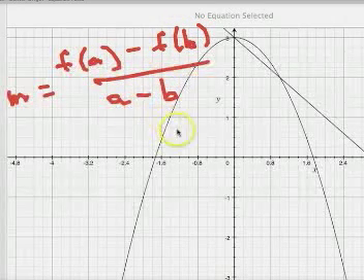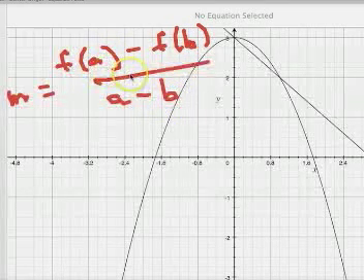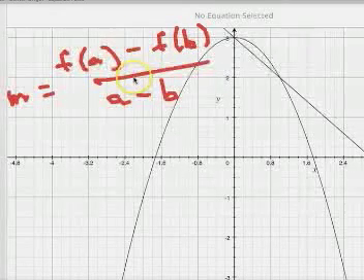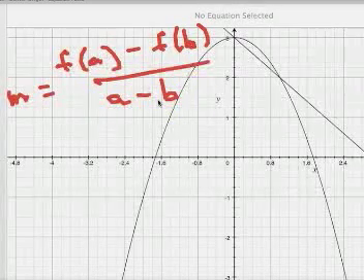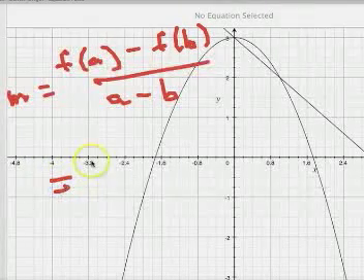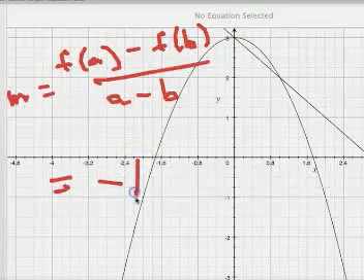In this case, our a is 1 and our b is 0, so you plug 1 into the function and you get 2 minus 3, so it's negative 1, and then 1 minus 0 is 1, and so the slope ends up being negative 1.